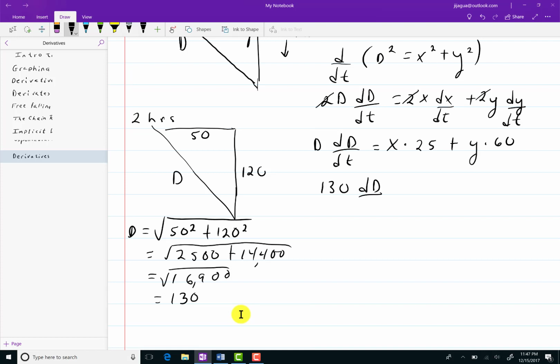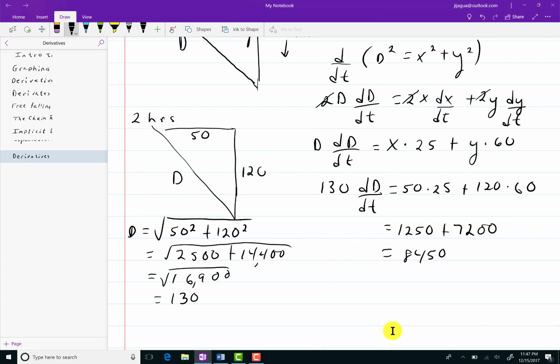So I have 130 dd over dt equals, now the x was 50 and the y was 120. And that equals 1250 plus 7200. And that is 8450.